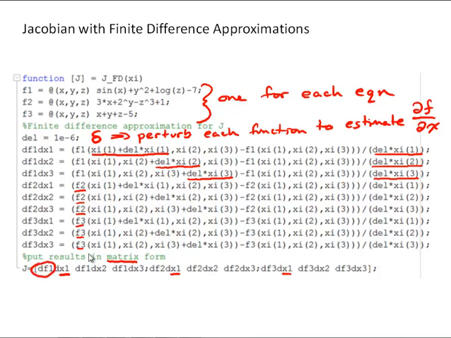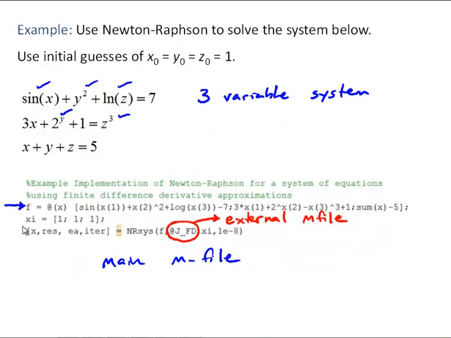So df1 in the first row, and df2 in the second row, and df3 in the third row. And so that builds the Jacobian. So we can go back here, call this function, and see what we get.